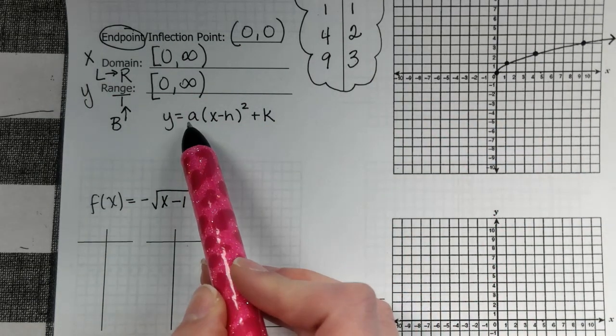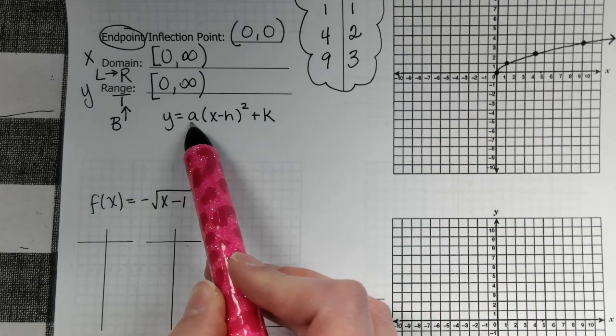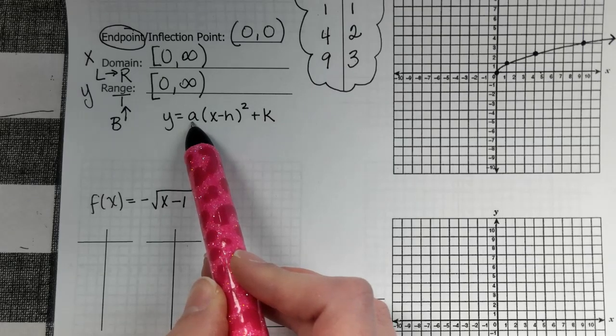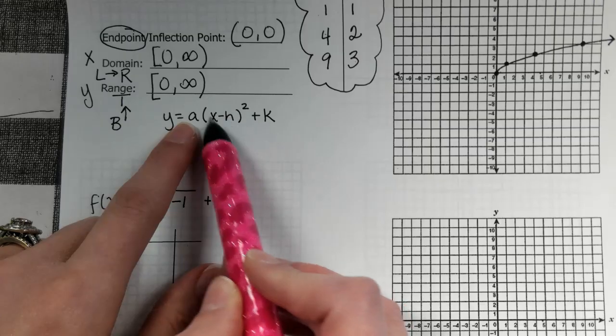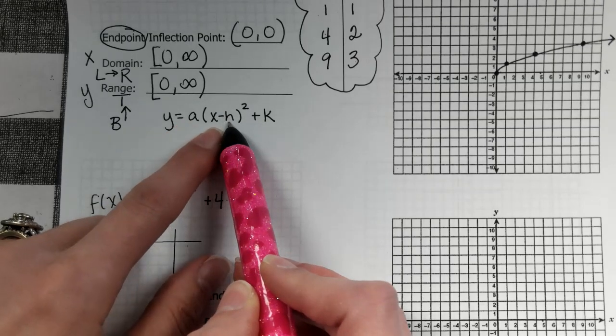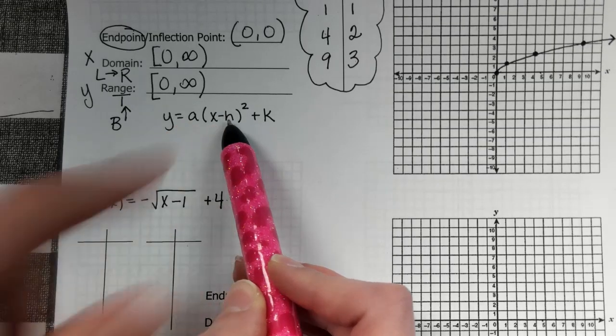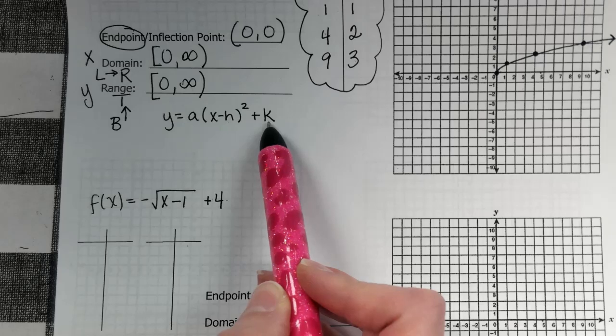And if we had a number for my a, say that number was 5, what would that tell me? I'd have what transformation? A vertical stretch. If I have something going on with my x, what happens here? It would move it left or right, and then this k would move it up or down.